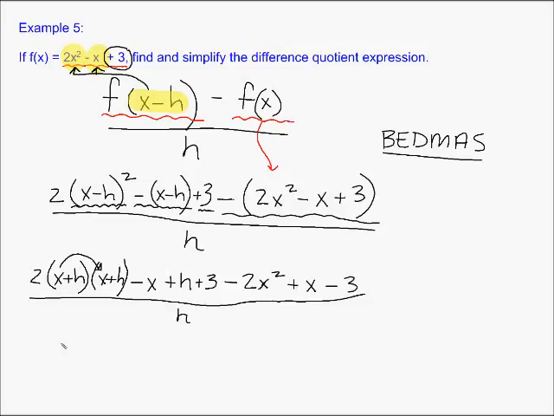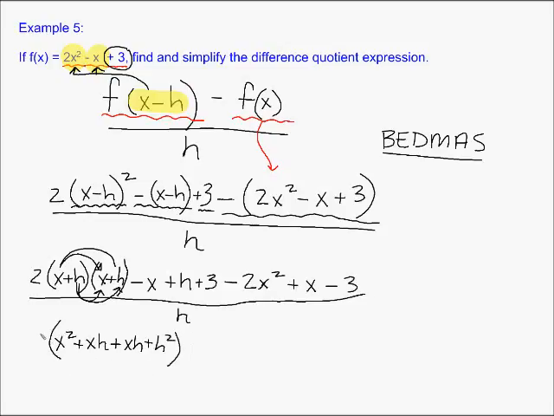So x times x gives me x squared. X times h gives me xh. H times x gives me xh. And then h times h gives me positive h squared.